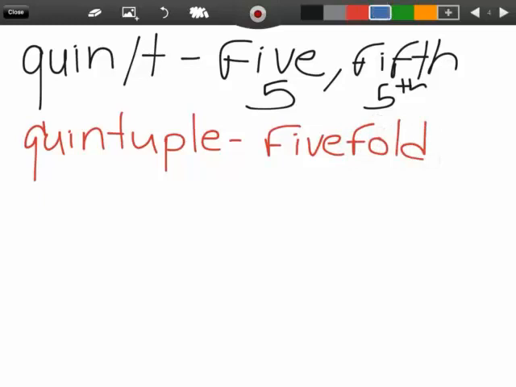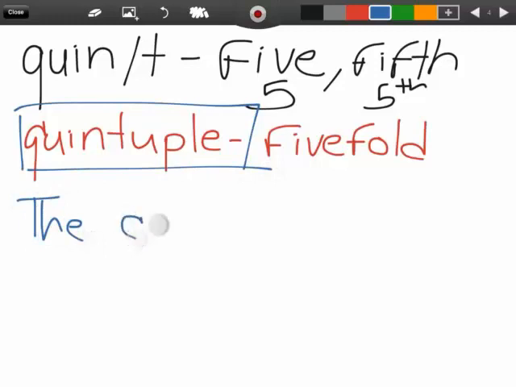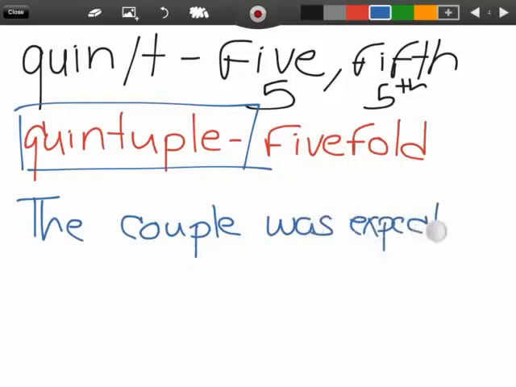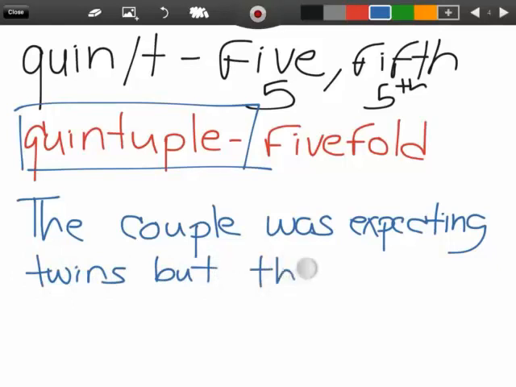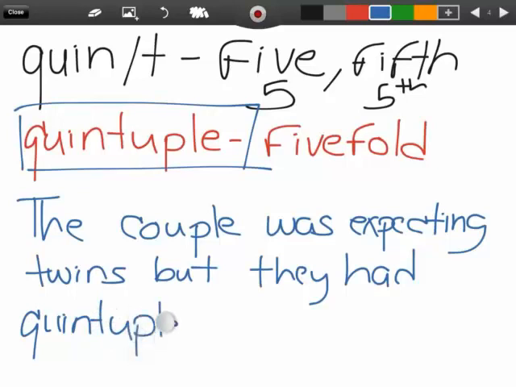I'm going to go ahead and use quintuple in a sentence. The couple was expecting twins, but they had quintuplets.